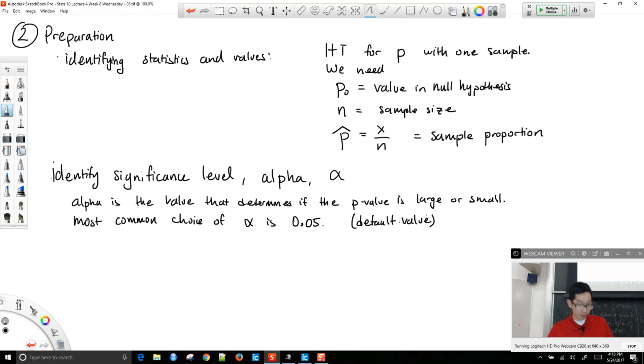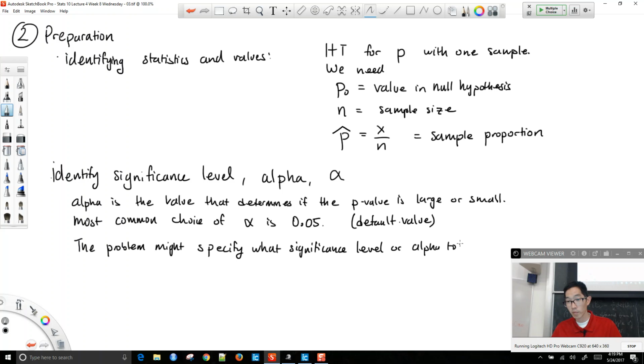The problem might also specify what significance level or alpha to use. So if alpha is not given, assume alpha is 5%.